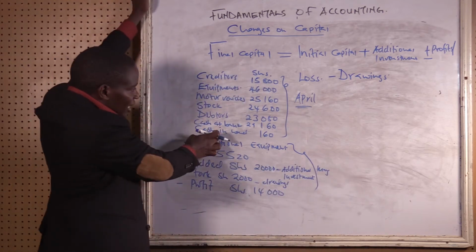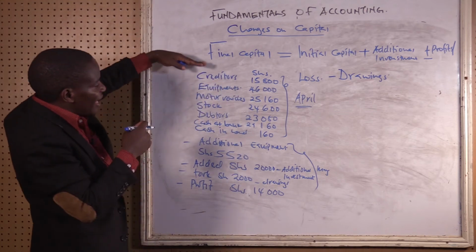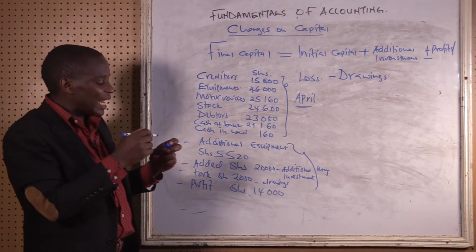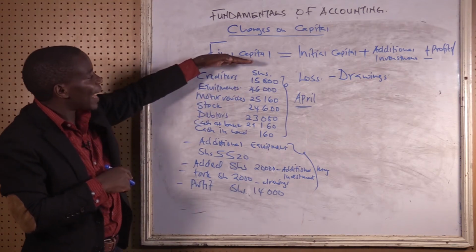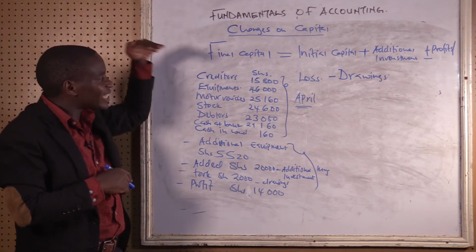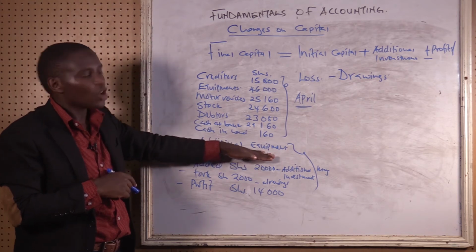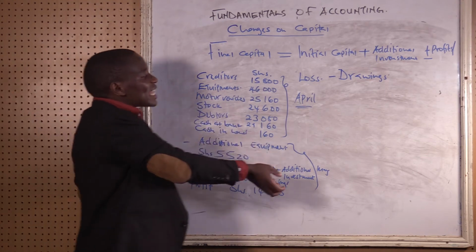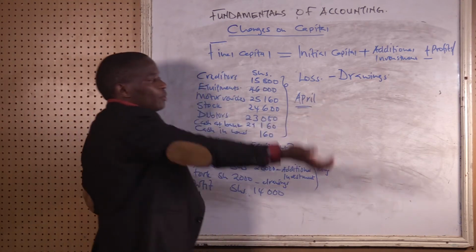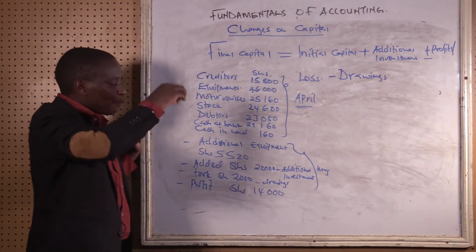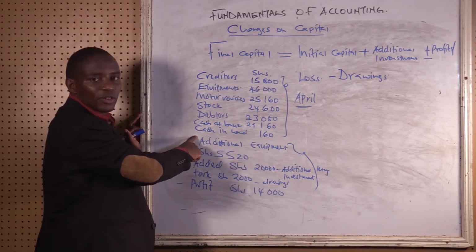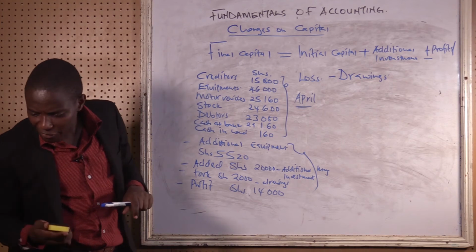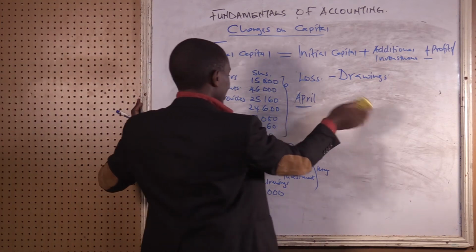The first information, relating to April, gives us the capital as at the end of April, which will be the same as the capital at the beginning of May.